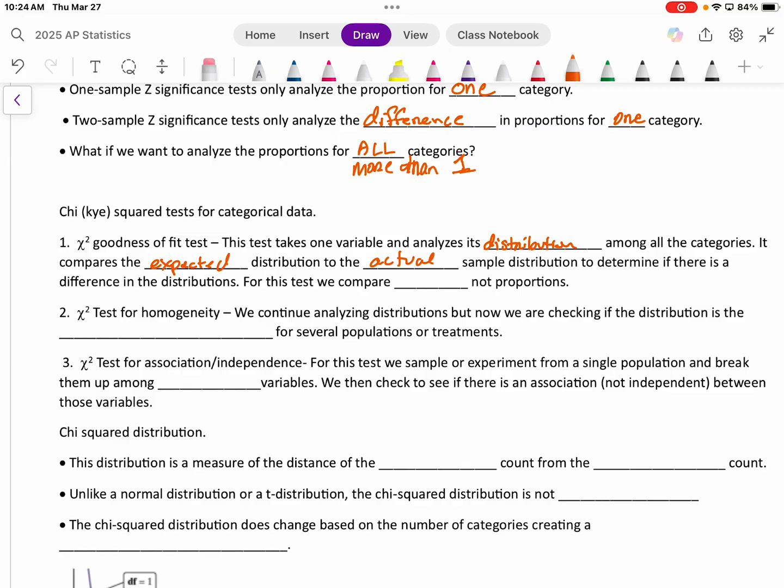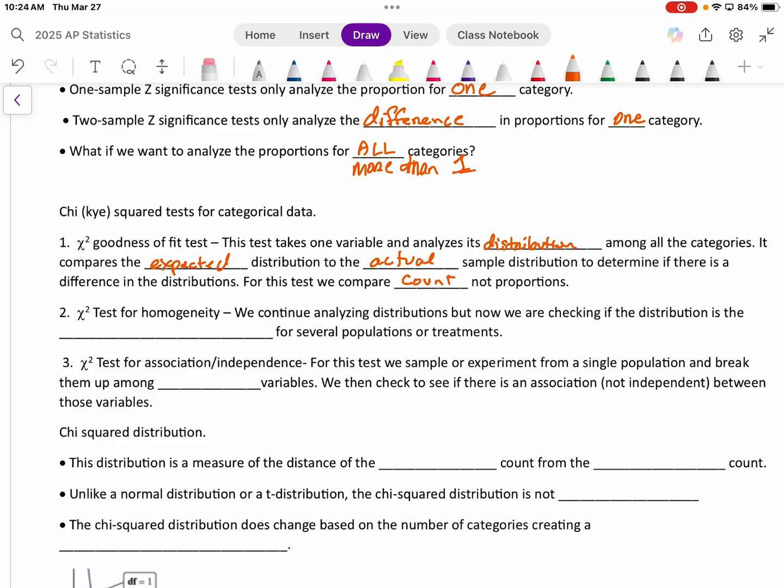By comparing those two, we're trying to determine if there is a difference in the distributions between the expected and the actual. For this test, we compare counts, not proportions. We actually look at the total count of the expected versus the actual, not the percent of each part.